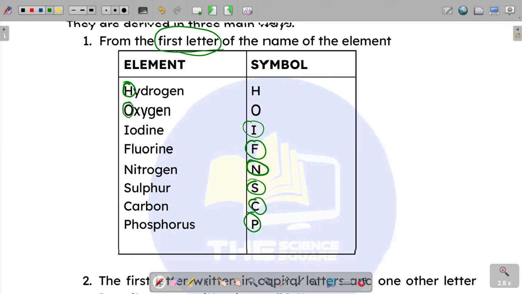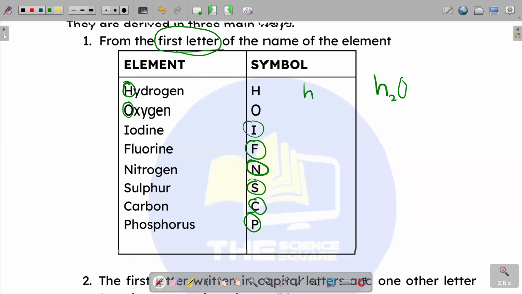It is worth noting that this must at all times be written in capital letter. It is not correct to write hydrogen as a small h. It doesn't make any sense. It is the first letter, so we use a capital letter to represent the element. So you cannot write water like this, h2o.